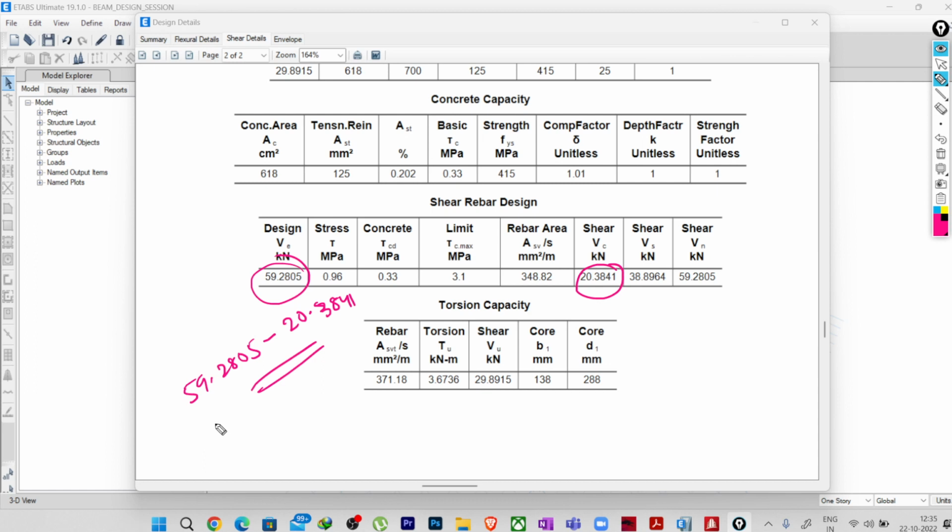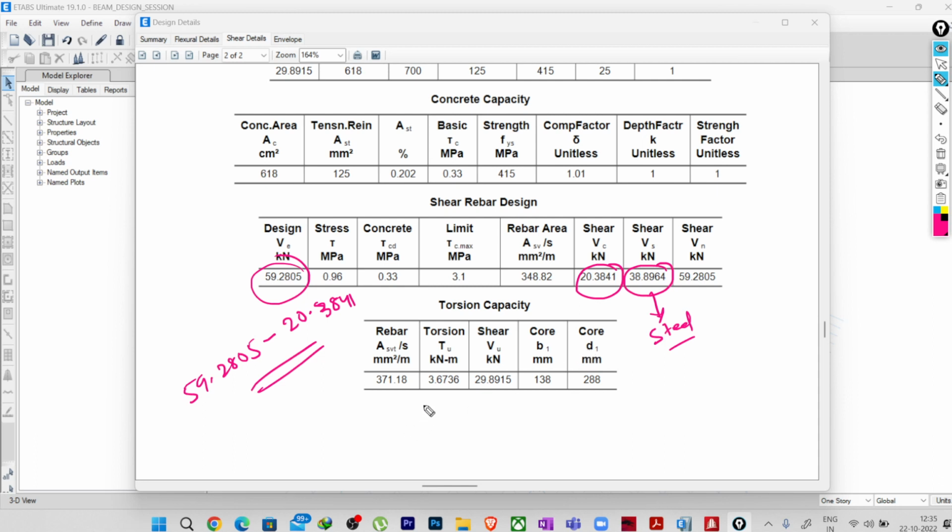Can you tell me? So 38.8964, this is the shear taken by steel, for which you need to find out the shear reinforcement.